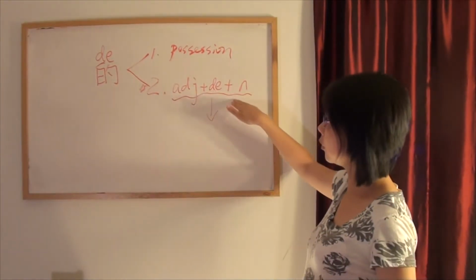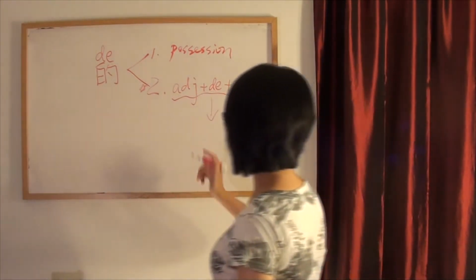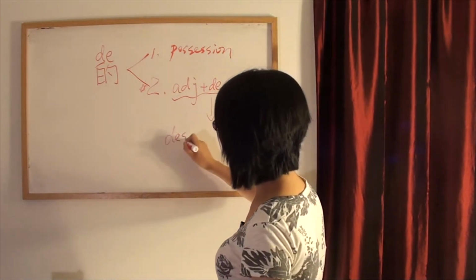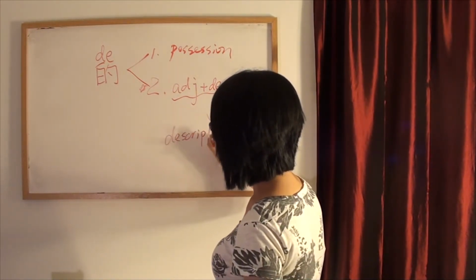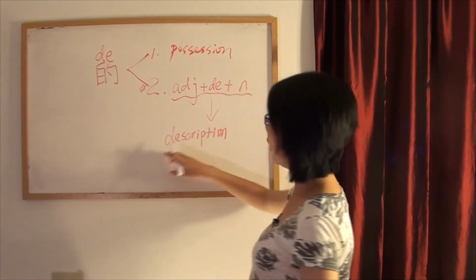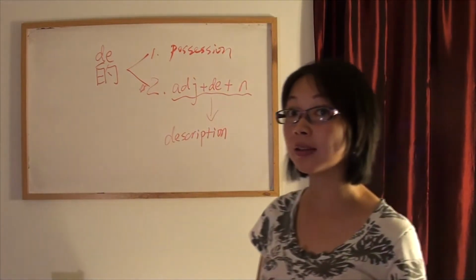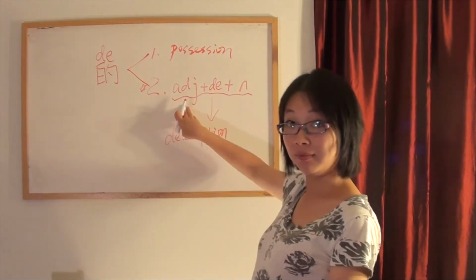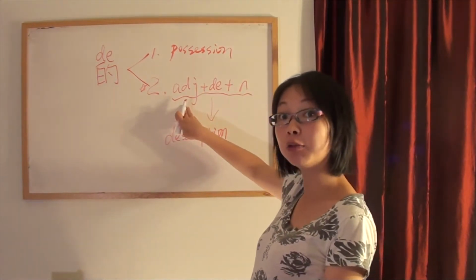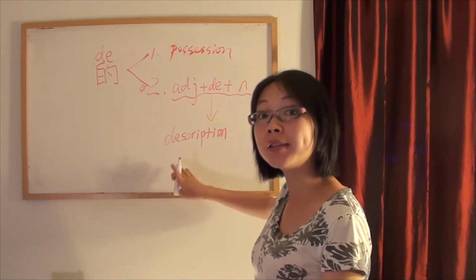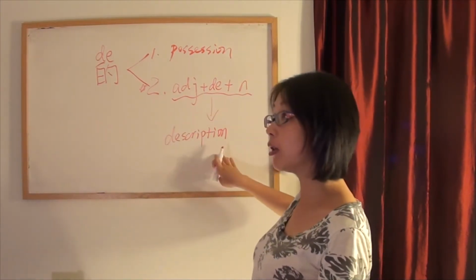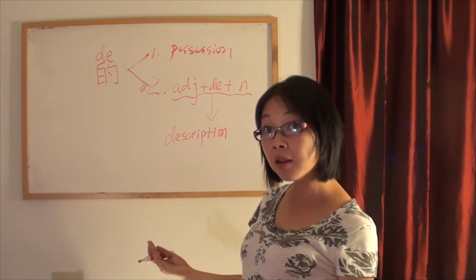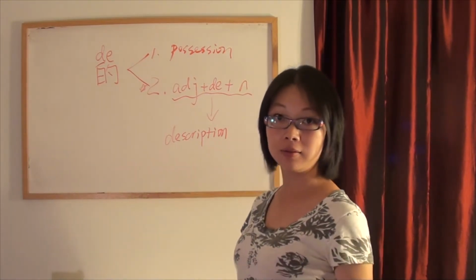From this function, we will say, in Chinese, look carefully, any description. Here I put description. That means not only adjective words, but also any description. So a description could be phrases, could be whole sentences, right?